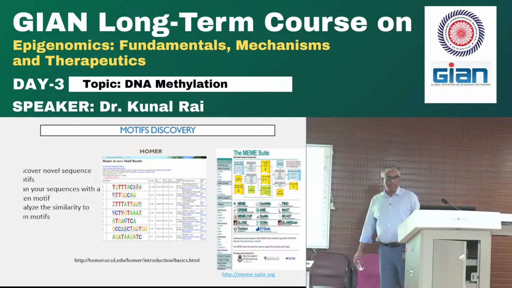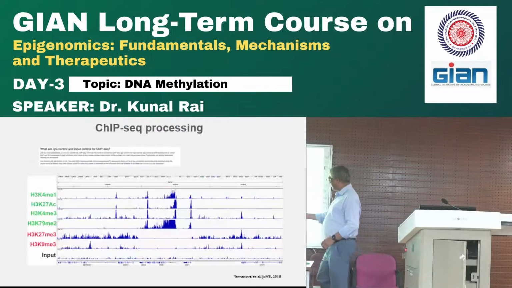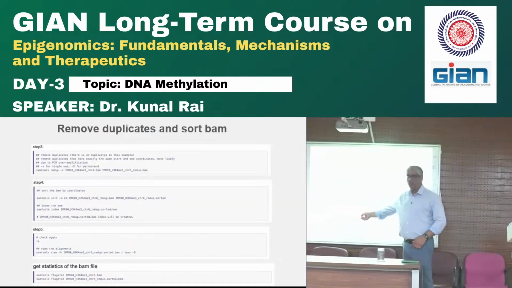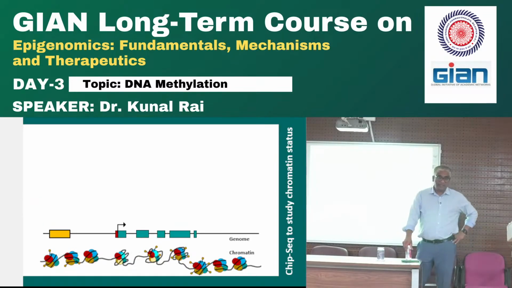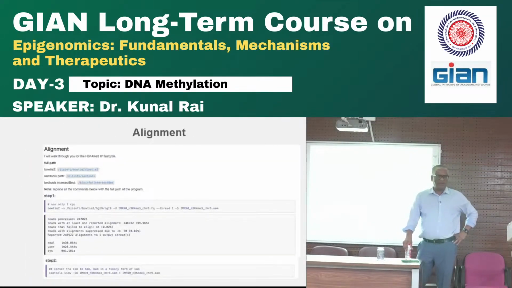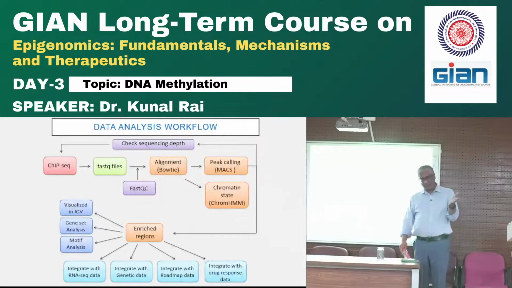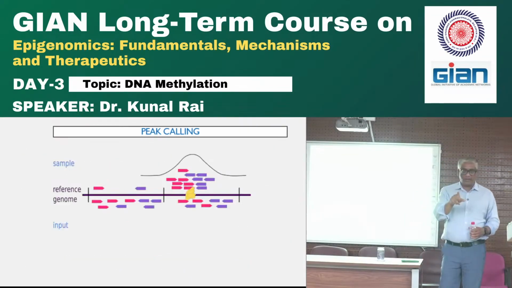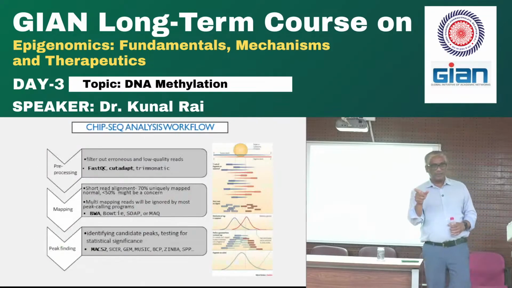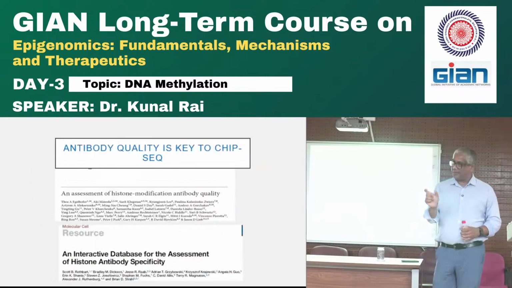MACS gives you enriched regions. These regions in the genome are enriched for your antibody, right? Did we get it or no? So once you get the peak, that tells you chromosome 1, 10,500 to 10,700, where your peak is. That's the genomic region. Okay? Got it?